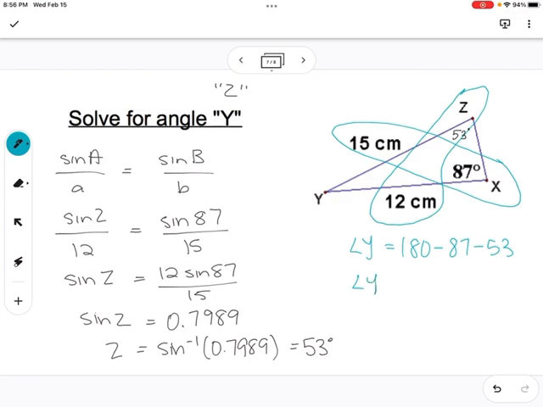So angle Y is 180 minus 87 minus 53, and 40 degrees is angle Y.